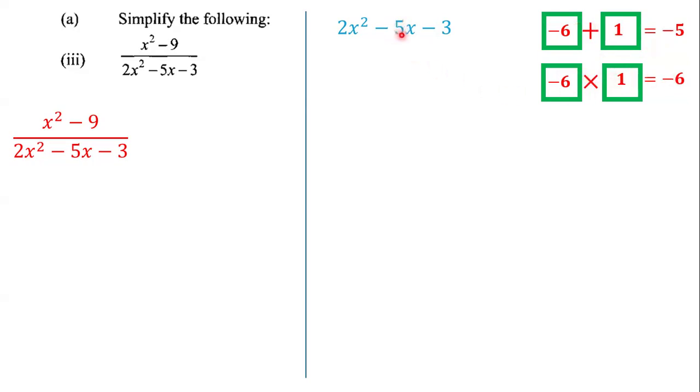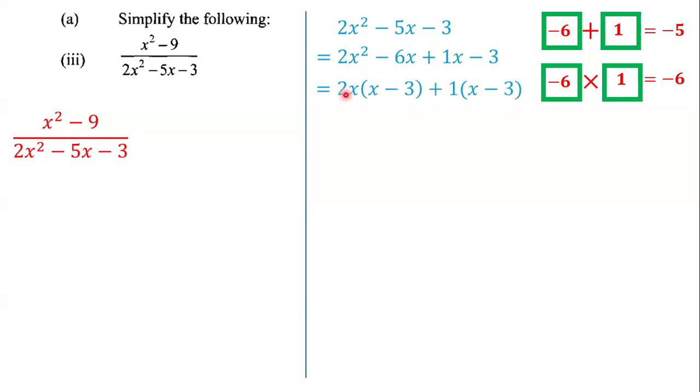And so with that in mind, notice that we have a negative 5x, and we can express negative 5x as negative 6x plus 1x, because negative 6x plus 1x is indeed negative 5x. Now we can factorize this expression and factorize this expression. We notice that 2x is a factor in this expression and in this expression.